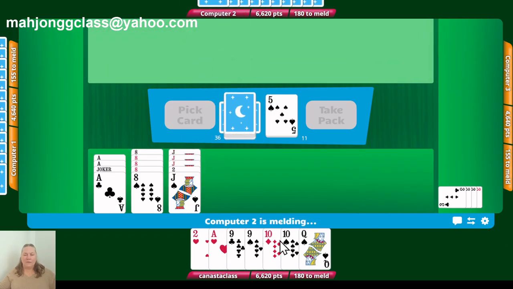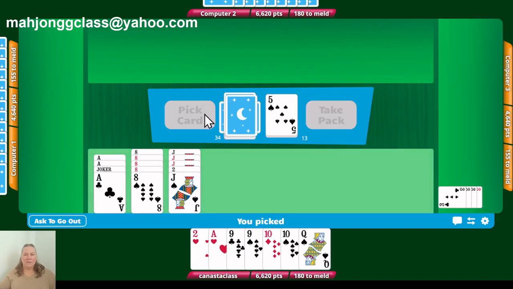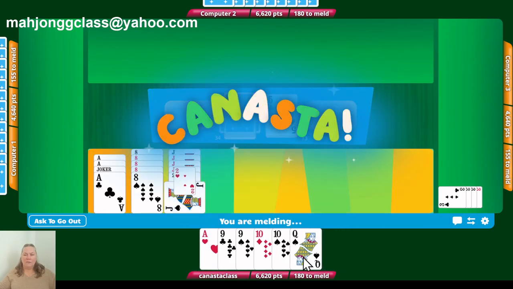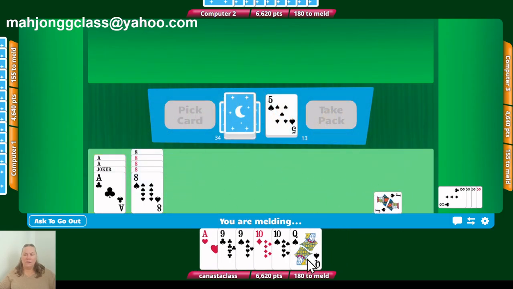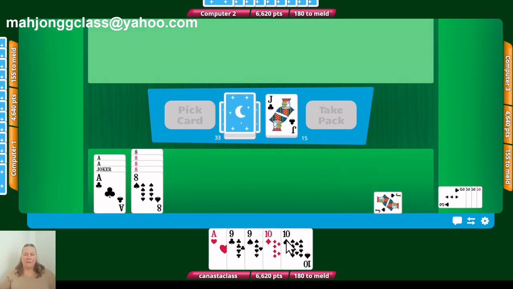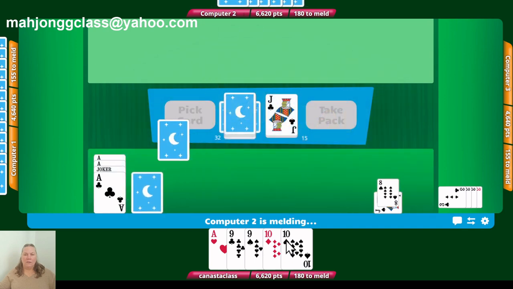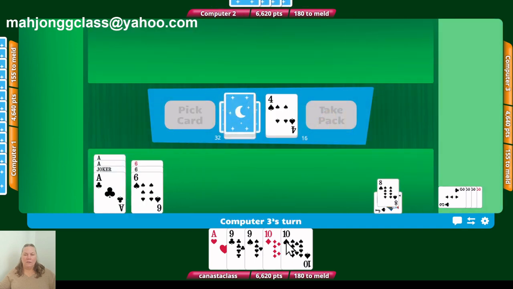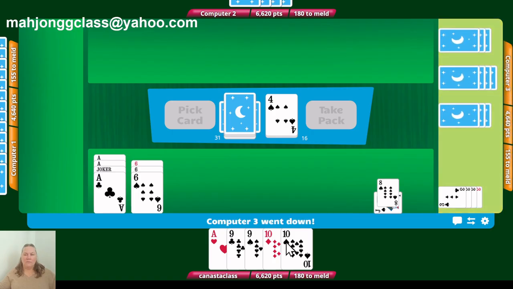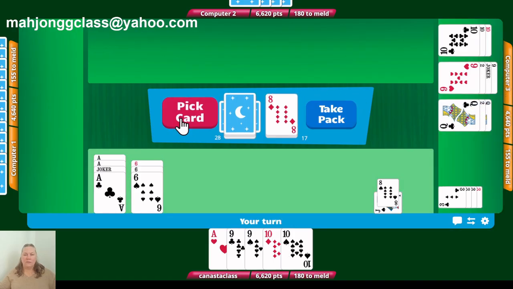Now I have 2 pairs, 9s and 10s, which is nice. I have another jack and a wild. We have no 3s. I'm going to discard that queen. The other team's now open. 9s and 10s.